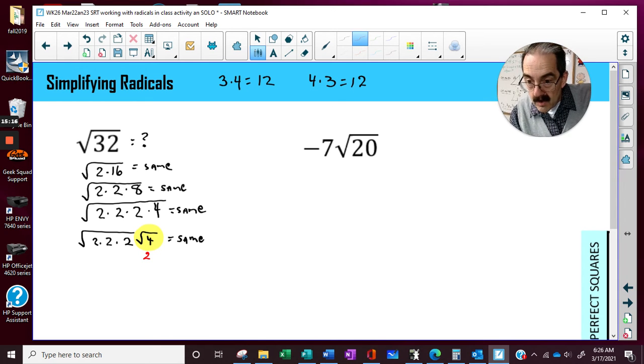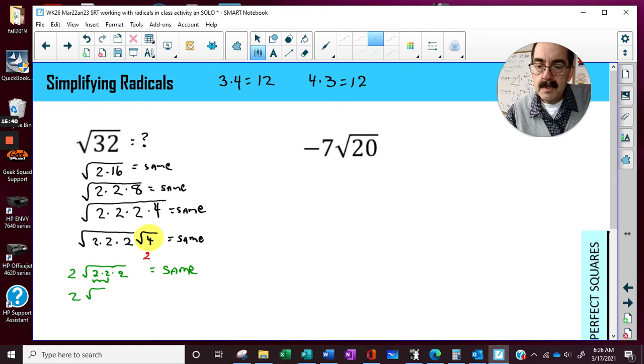So now I can say 2 times the square root of 2 times 2 times 2 is the same. Oh, wait a minute now. I see another 4 in there. 2 square root 4 square root 2 is the same.